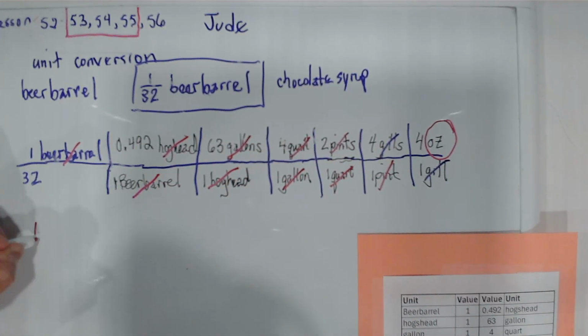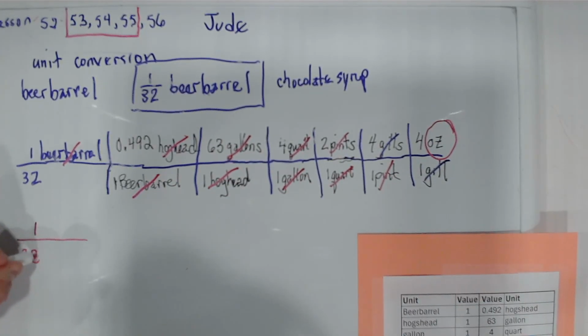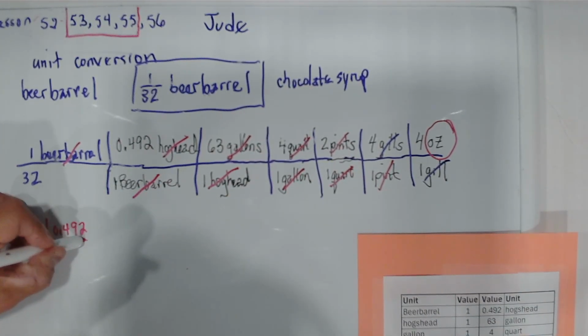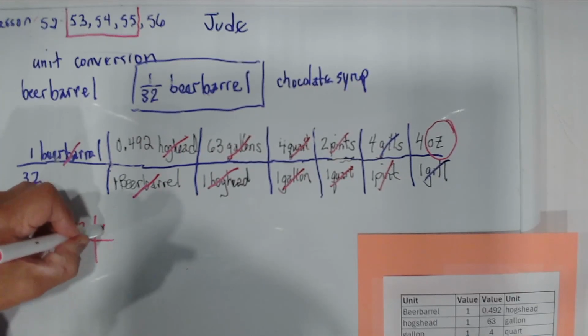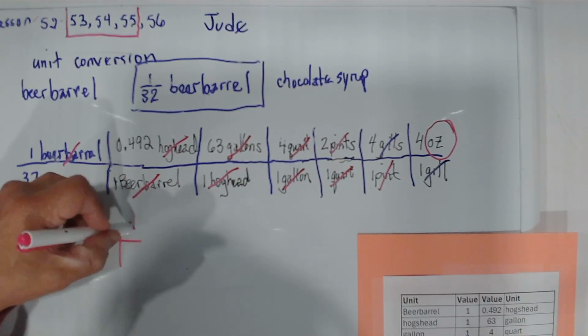I've got 1 over 32 and 0.492 times 63 times 4.